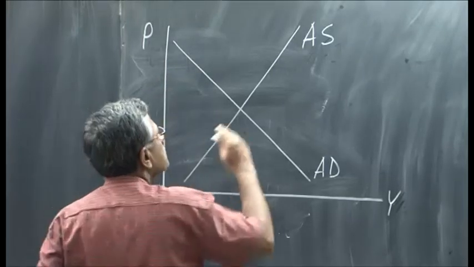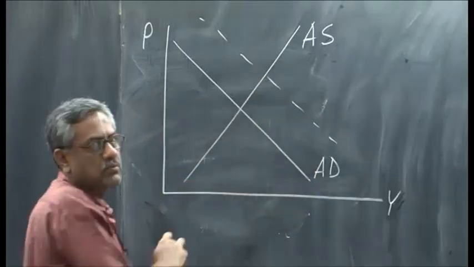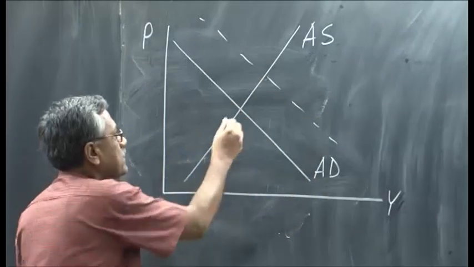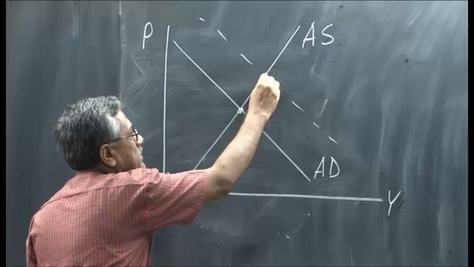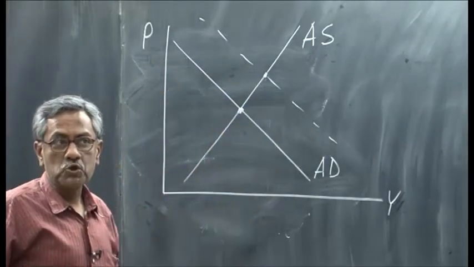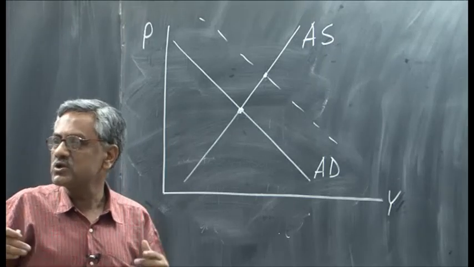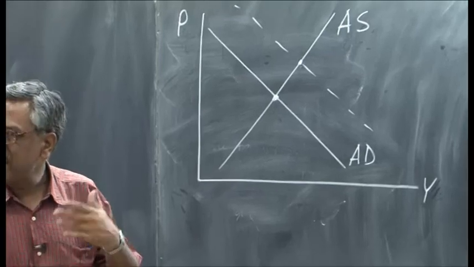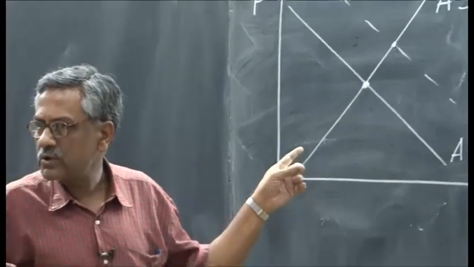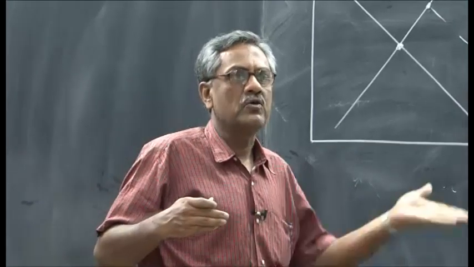You take any artificial shift in the demand curve. What you see, the intersecting point is going from here to here, where you have higher prices and higher output level. So high growth rate in an economy can be associated with inflation in a dynamic framework. It's a static framework. We don't have inflation here. We have a kind of indication of price movement.